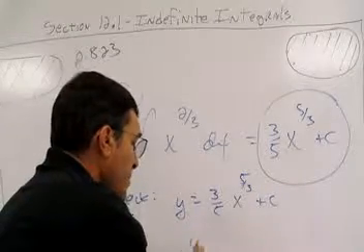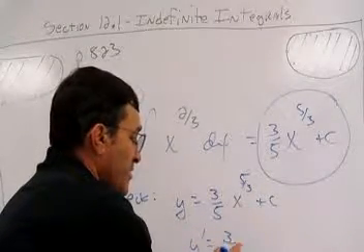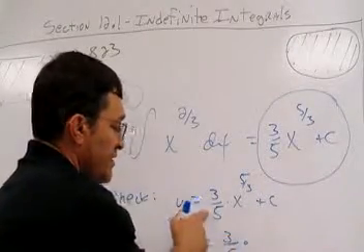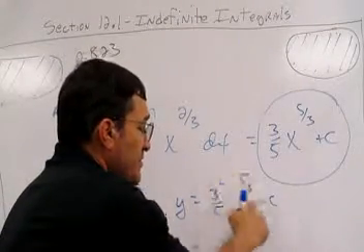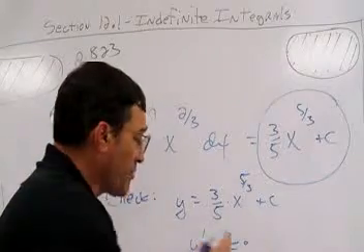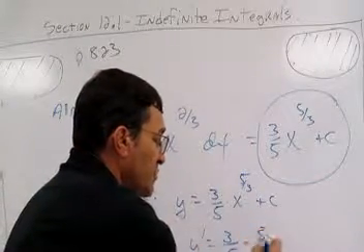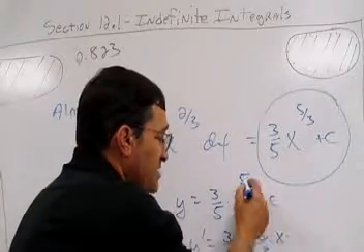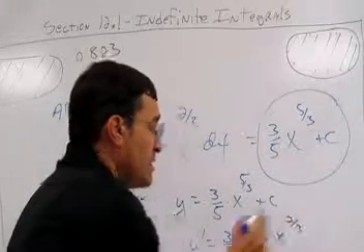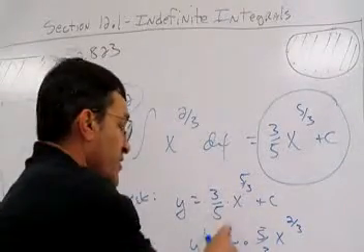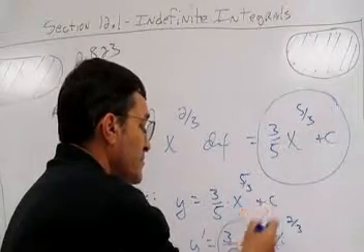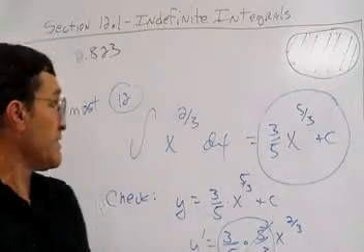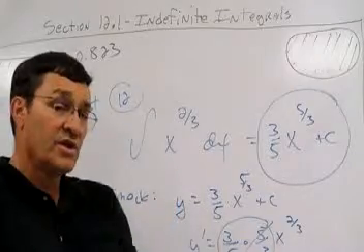Well, y prime would be 3/5, the coefficient, times the derivative of this function. Using your power rule for derivatives, it would be 5/3 times x, subtract 1 from that. You'd have 2/3. 3/5 times 5/3 would cancel, and that would be your derivative, and that's what we started with right here.